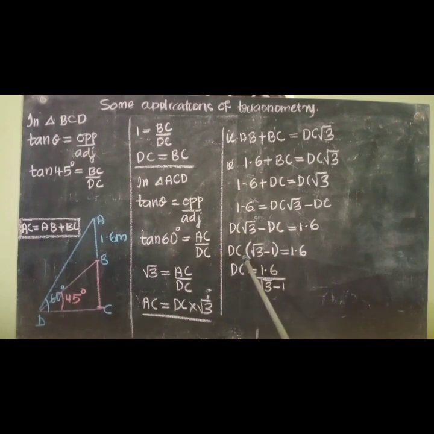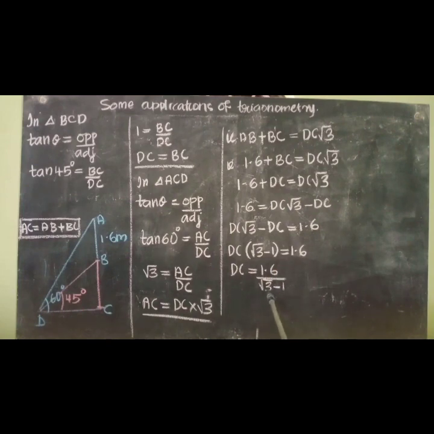We can take this root 3 minus 1 to right side. Here in the left side it is multiplying with the DC. The right side we should have to divide it. So we get DC equal to 1.6 divided by root 3 minus 1. Now you can see that denominator is an irrational number. Let us rationalize it.